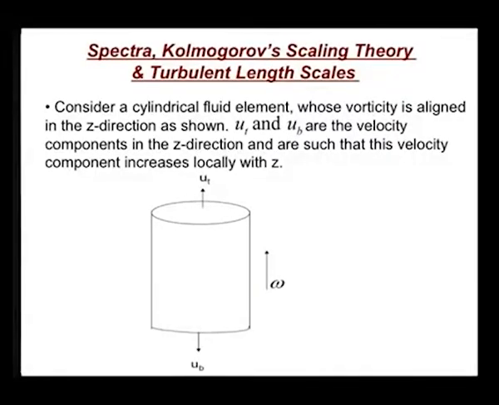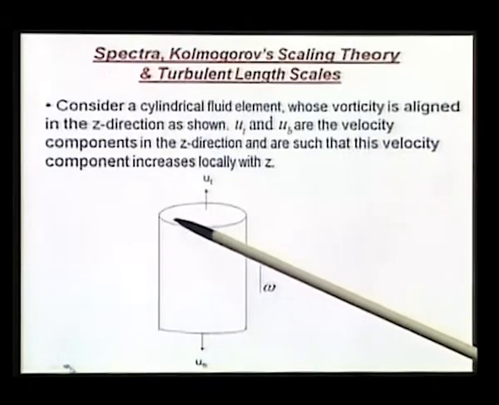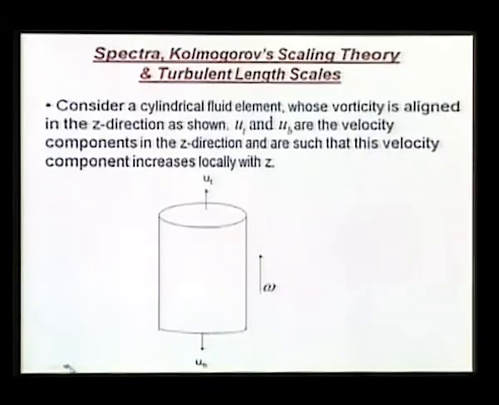I was explaining this yesterday by considering a special case where we identify a fluid element of cylindrical topology with the vorticity predominantly in the z direction, and we look at the velocity of the two ends given by u top and u bottom. If it is stretched, what is the consequence that we wanted to figure out.